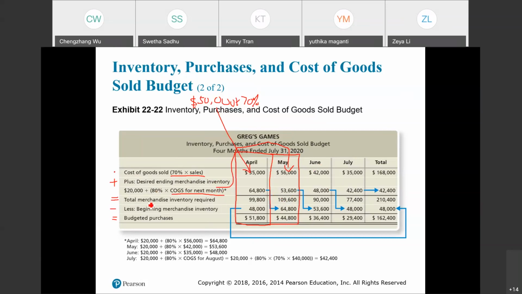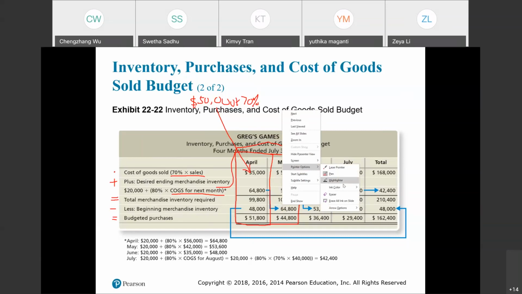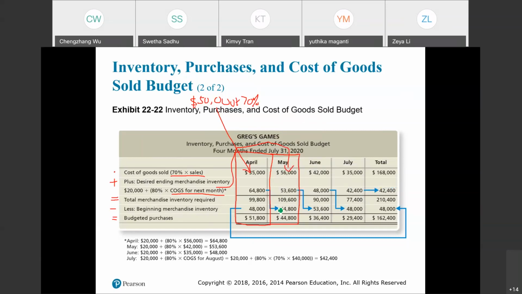We get total merchandising inventory required less beginning merchandising inventory. The beginning merchandising inventory can be found from here. That is the ending inventory in April. Finally, we get budgeted purchases.